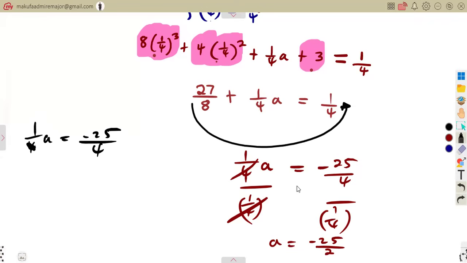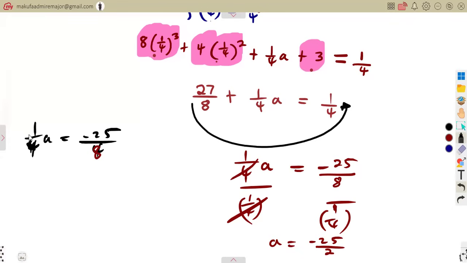All right, guys. There is a value that I did write wrongly here. This is 25 over 8. You may be wondering why it is different from what I'm having here. So it was supposed to be like this. In this case, that was a 4 and that is an 8.